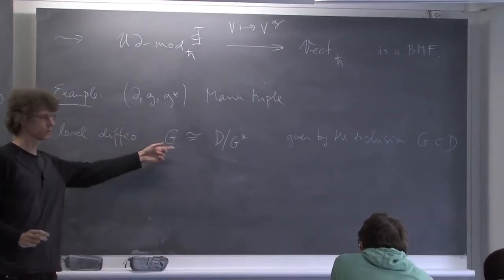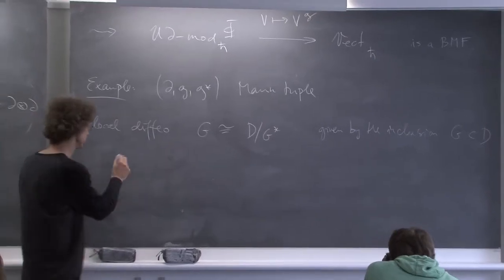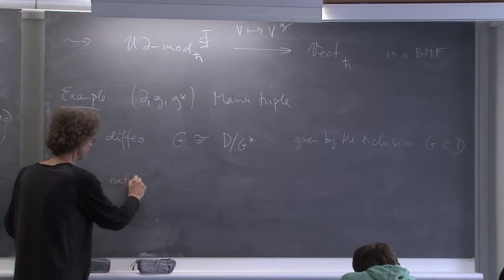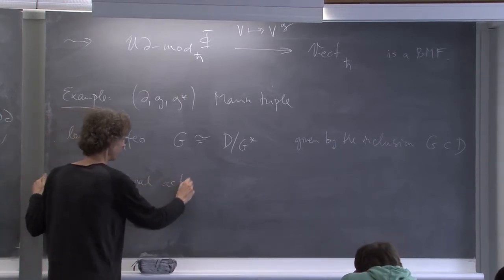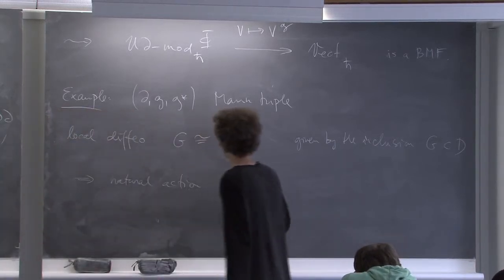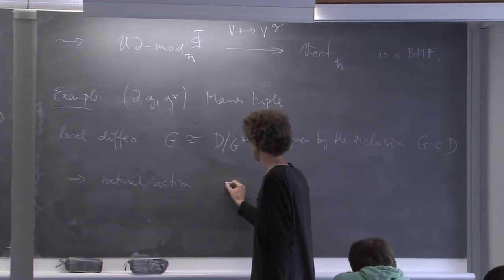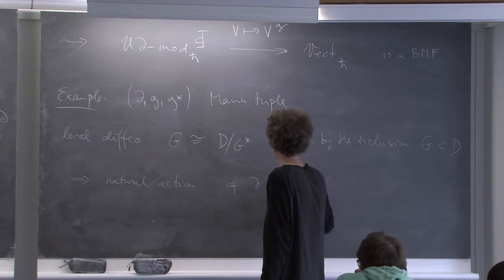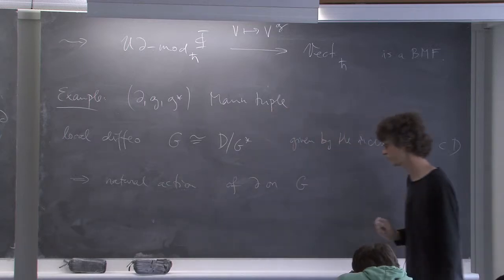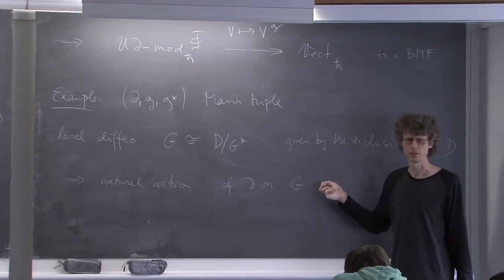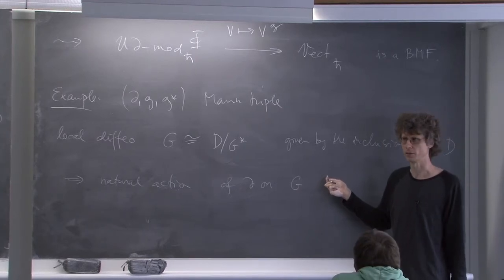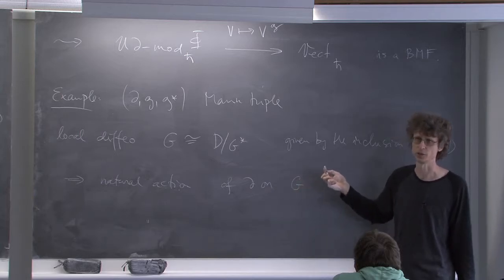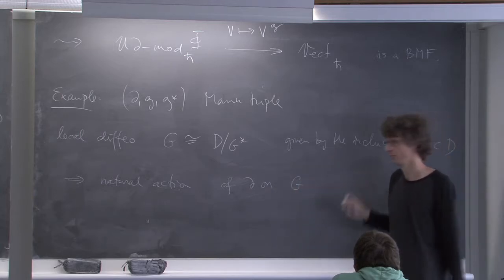And I'm using this local diffeomorphism only to say that there is a natural action of D on G. I think we once even met this action somewhere in exercises, at least part of the action, which is called the dressing action, but whatever.